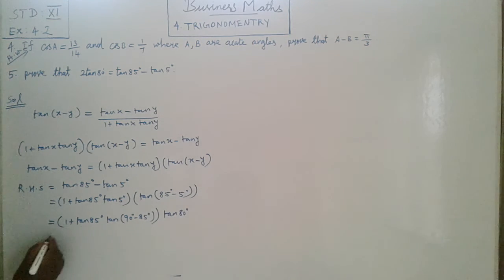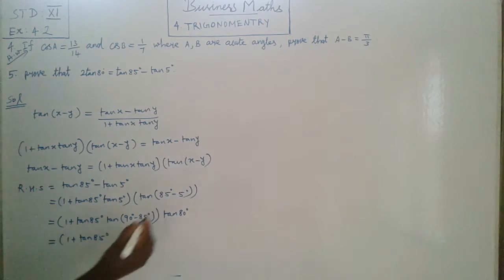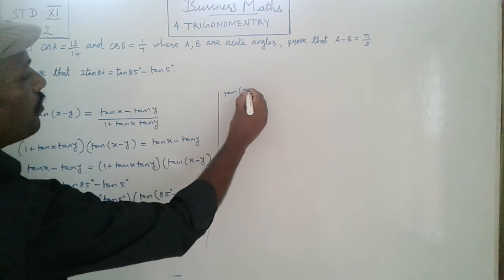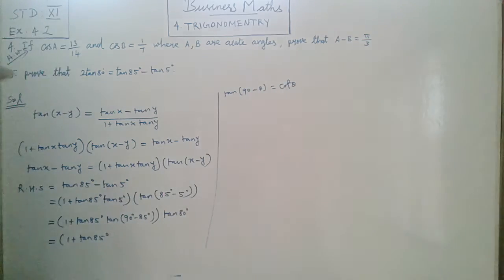Tan 80 degree equal to 1 plus tan 85, tan 90 minus theta equal to cot theta is the formula. So tan 90 minus theta formula, so cot 85 degree into tan 80 degree.